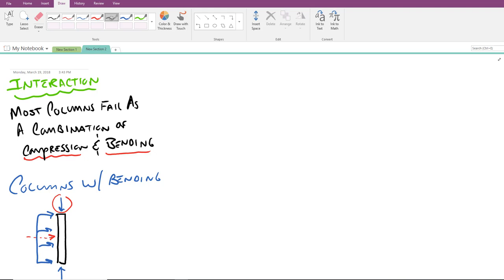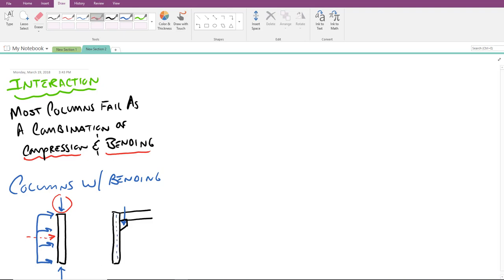The second case that is quite common is if we have some sort of a load that is not straight down the center of the column. And this often occurs if we have some sort of a beam hanger, something where the beam coming in is acting out here, not down the center of the column.